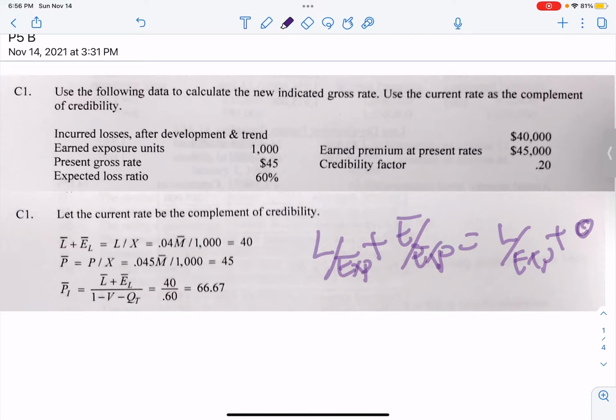And then we can also find the average premium, that is the premium divided by the exposure.